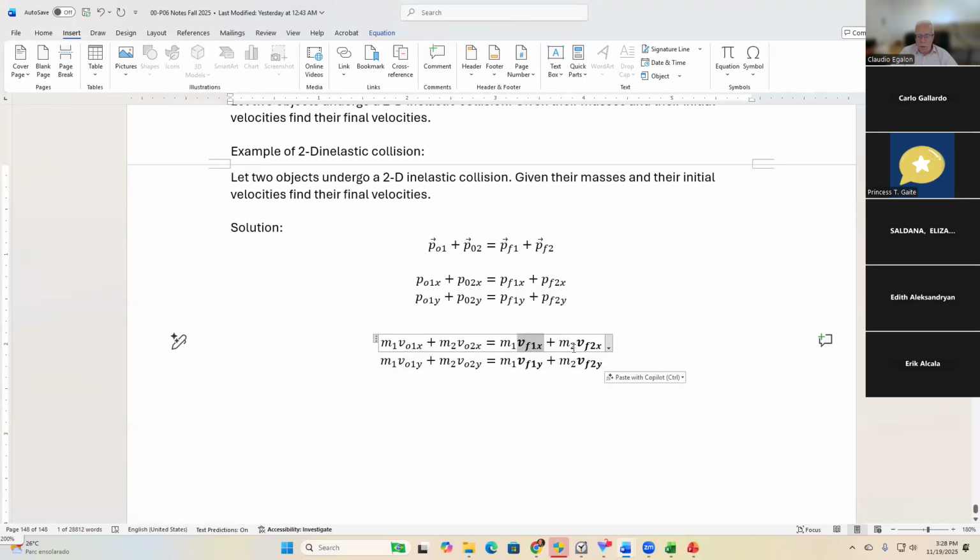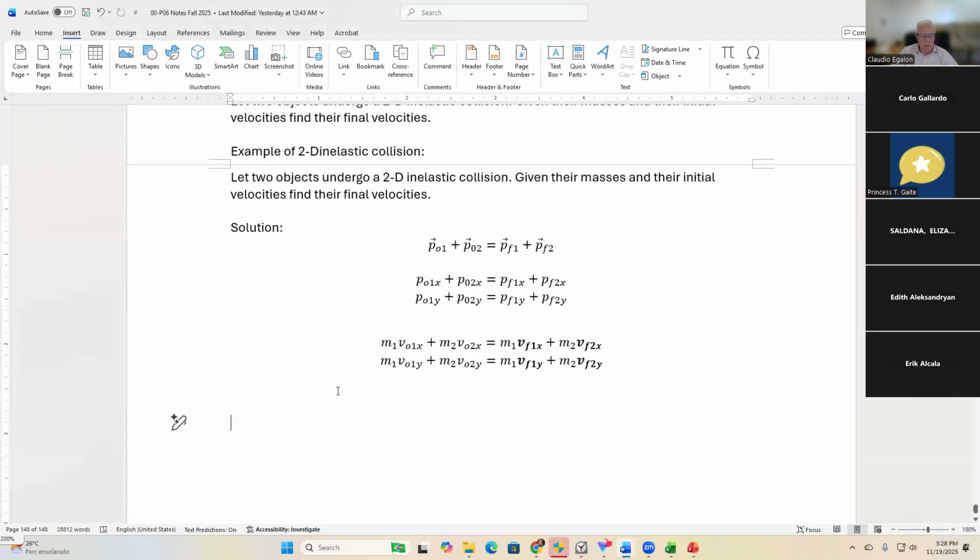Let's see. We have 1, 2, 3, 4 unknowns, right? VF1x, VF2x, VF1y, VF2y. But then there is one important condition for the inelastic collision that I still didn't use.